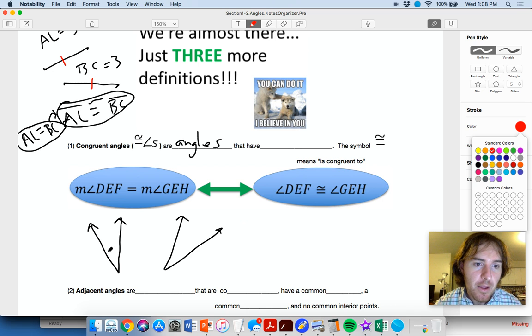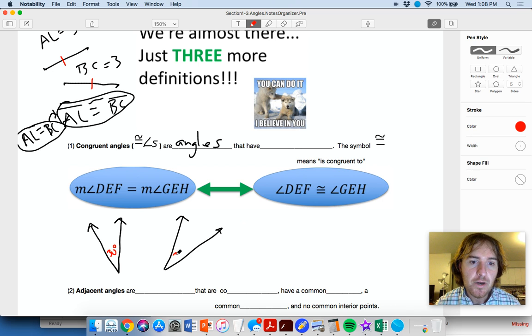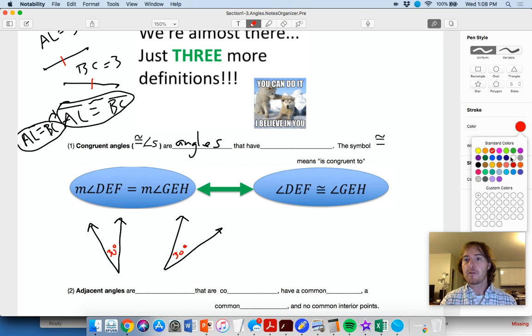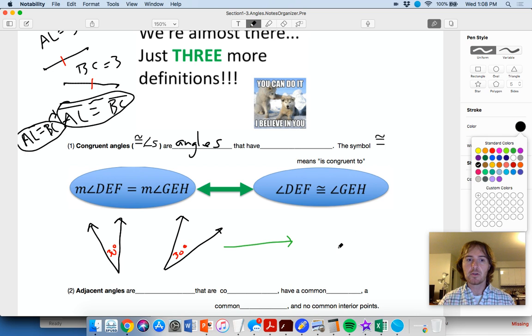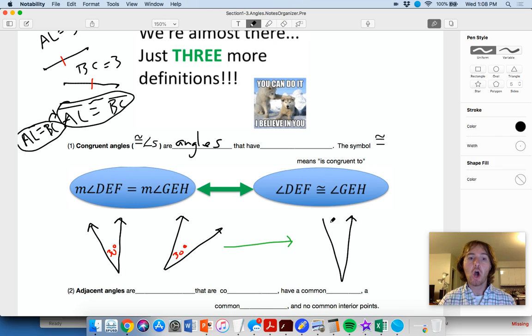So if this were a 30-degree angle, and this were a 30-degree angle right here, their measurements are the same. Then I'm going to do that single-sided arrow. Remember, single-sided arrow means if we know this, then we can conclude something. Then what we can conclude is that these two angles are congruent to one another. Congruent angles are angles that have the same measurements.